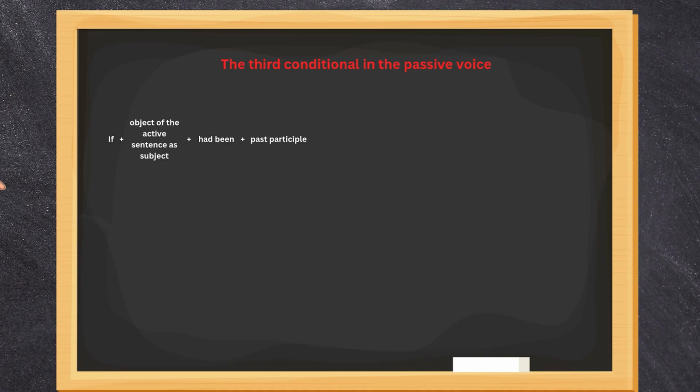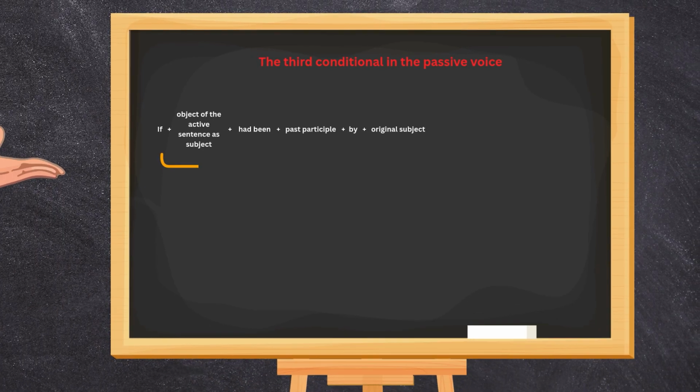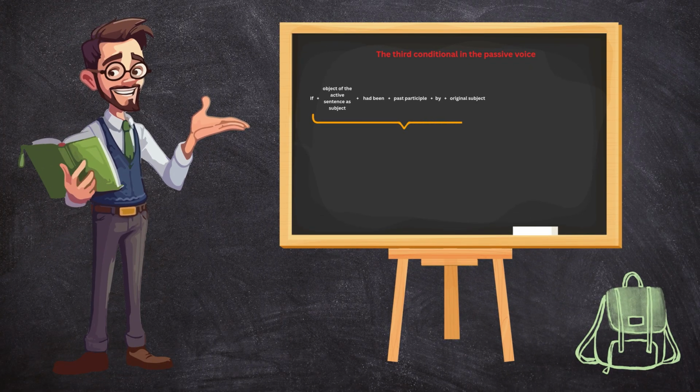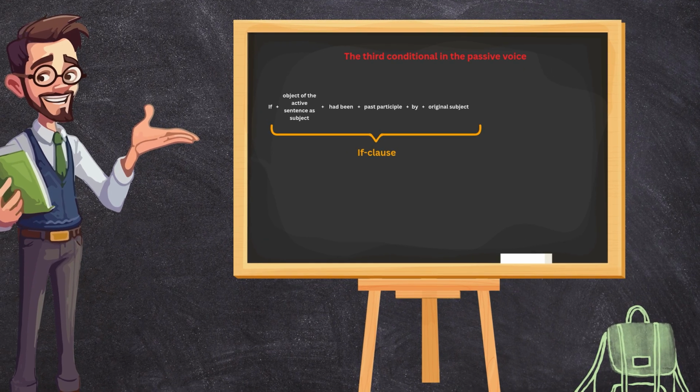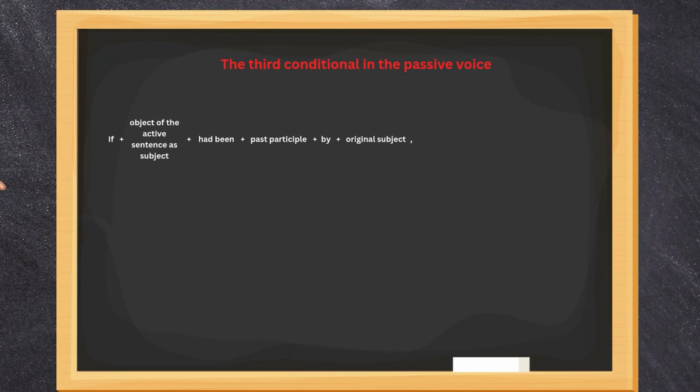Optionally, you can add the original subject with by plus original subject at the end of the if clause. Then a comma, then subject, plus would have, plus past participle.